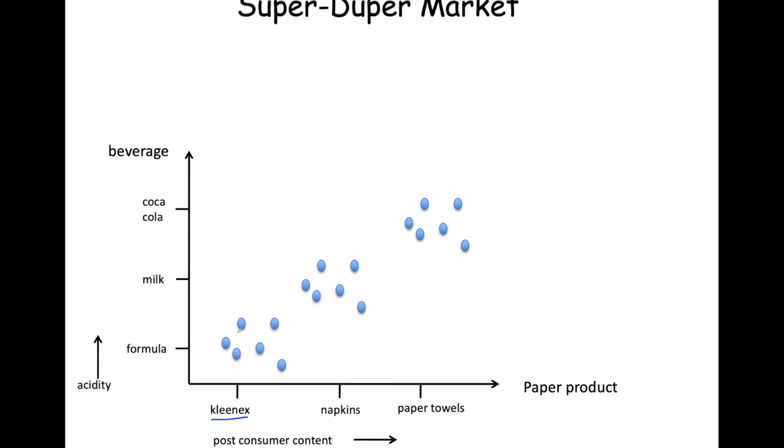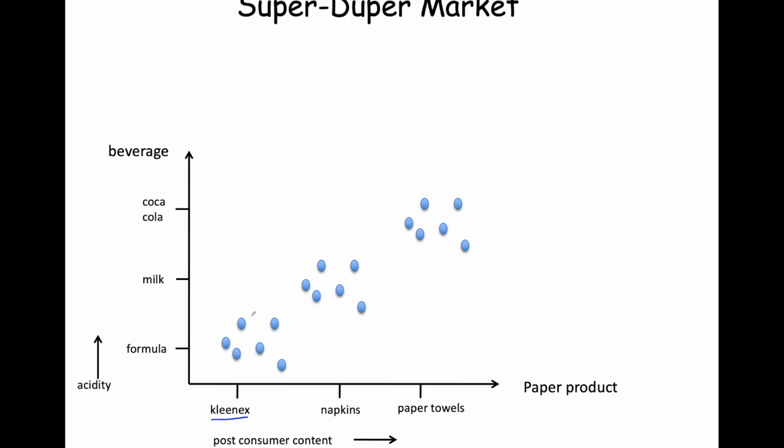We also have another axis, the vertical axis, representing the acidity in a beverage. So baby formula has relatively low acidity. Milk has a little bit more acidity than baby formula, and Coca-Cola has a lot of acidity.